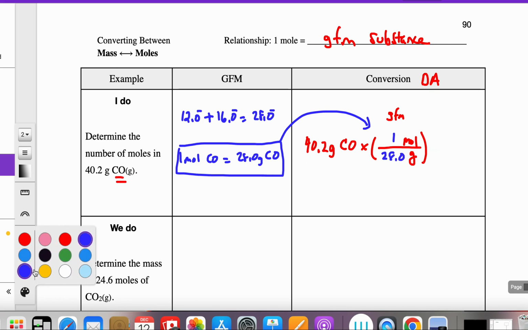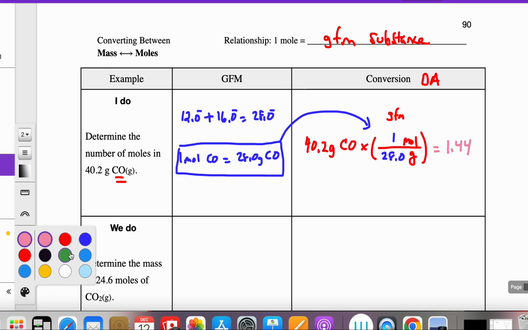So when I do this mathematically and put this into the calculator, I have 40.2 times 1. That product is then divided by 28. And when I put this in the calculator, I end up with 1.44. But the math I do with the numbers in the calculator, I have to also do with the units.